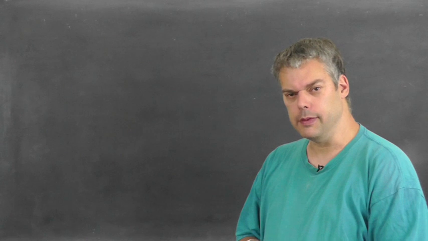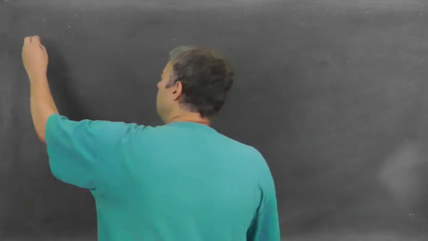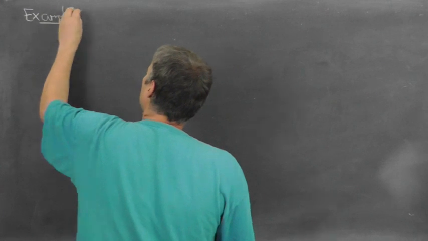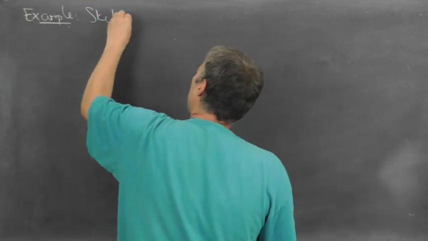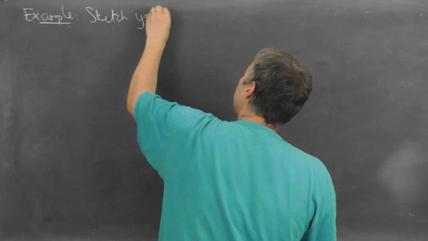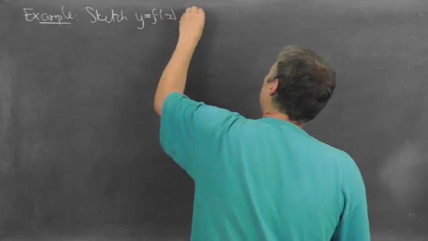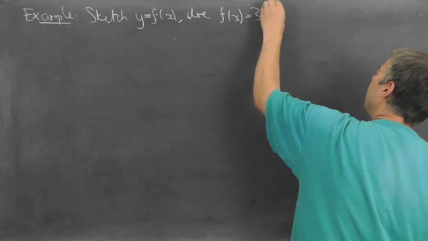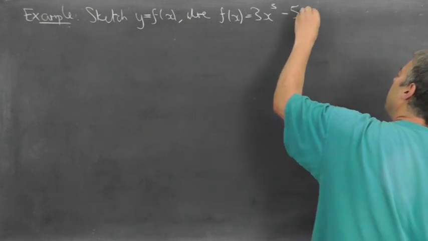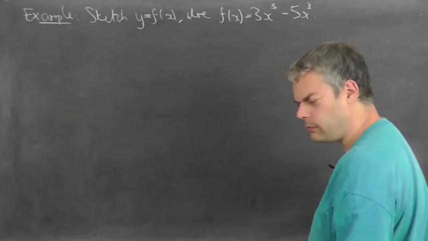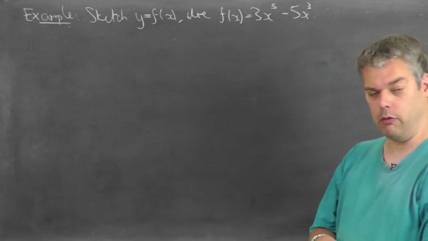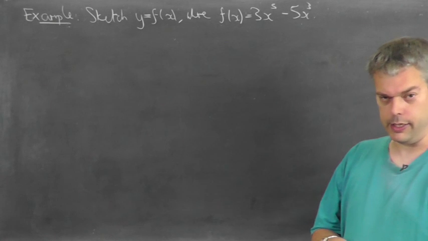So here's an example. Sketch y equals f of x, where f of x is 3x to the power 5 minus 5x cubed. I've chosen this to be fairly nice, but it'll still reflect most of the ideas that we've seen.